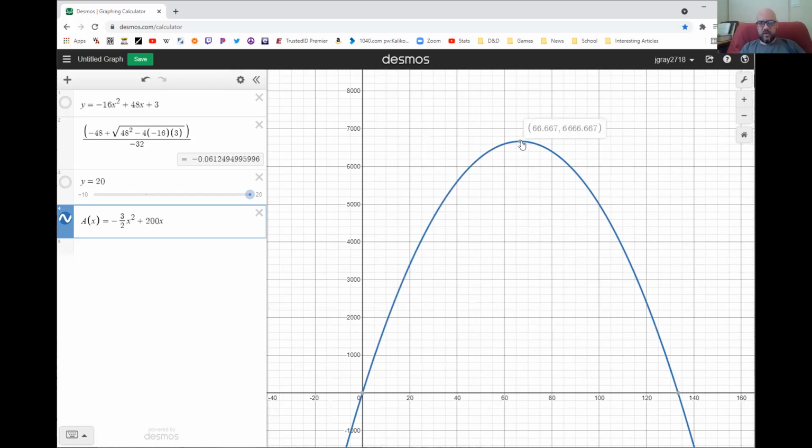So yeah, we can find what the vertex is. We'll find that algebraically in just a second. There's my picture. I am going to go figure out algebraically where the vertex is. Whiteboard.